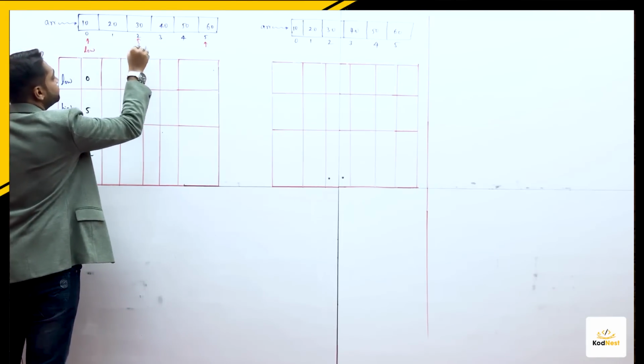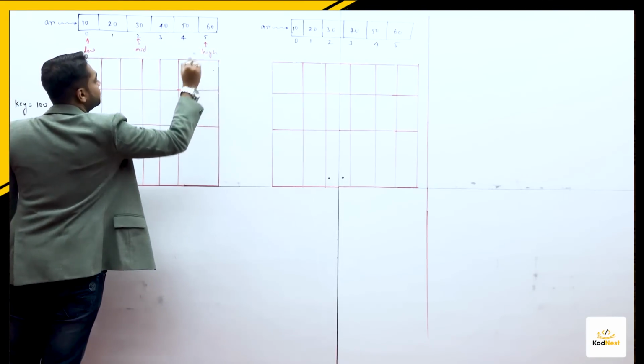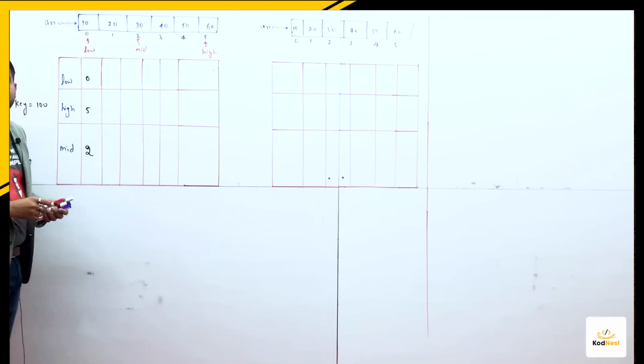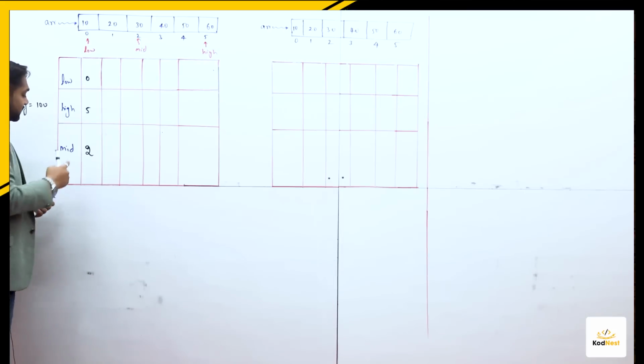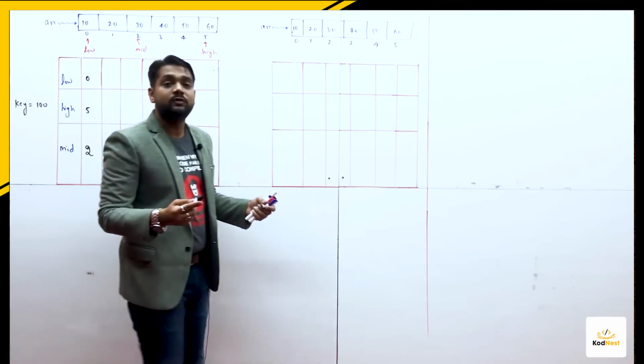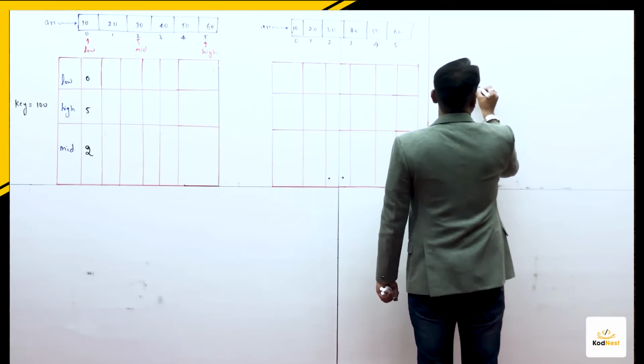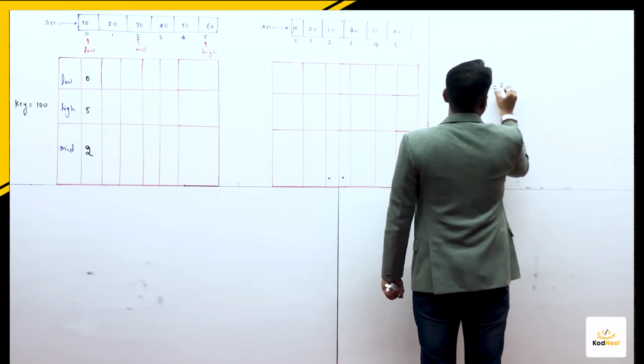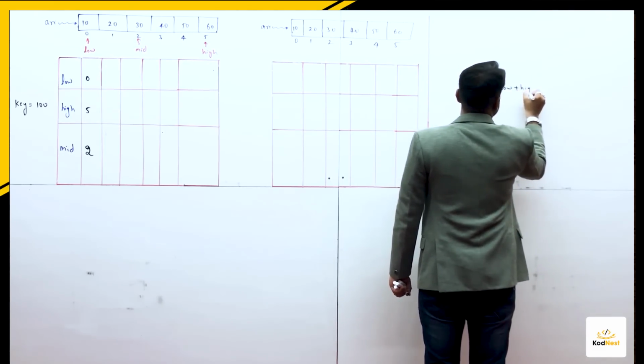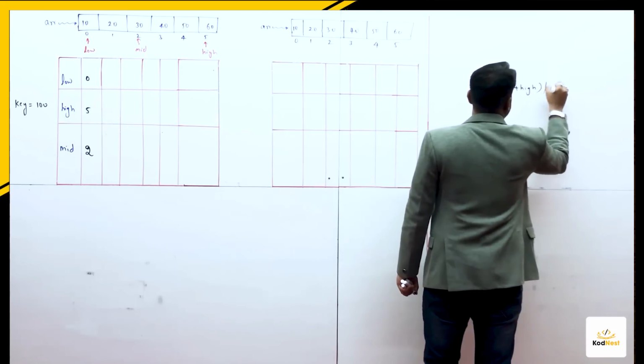This is the condition as of now. Yes or no? Yes. Now, once you calculate mid, what you have to do? You have to check. First, you have to calculate mid equals low plus high by 2.